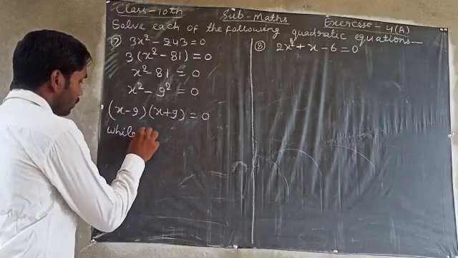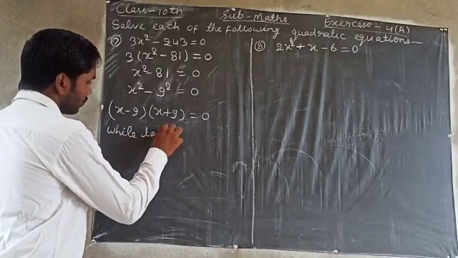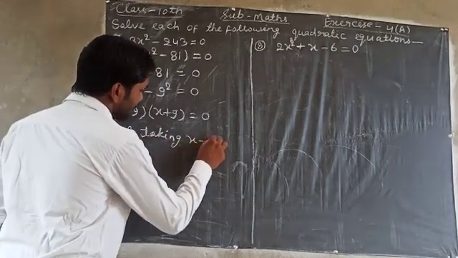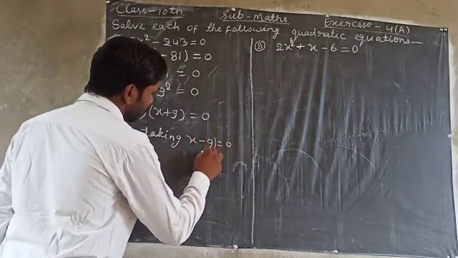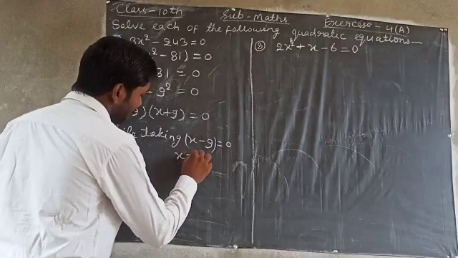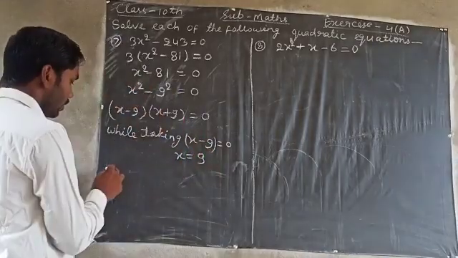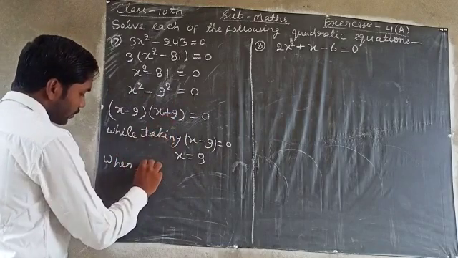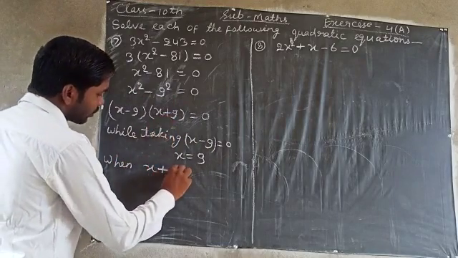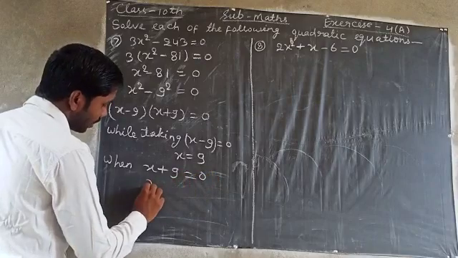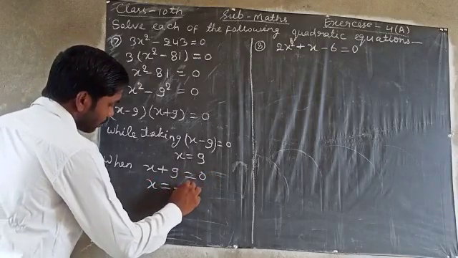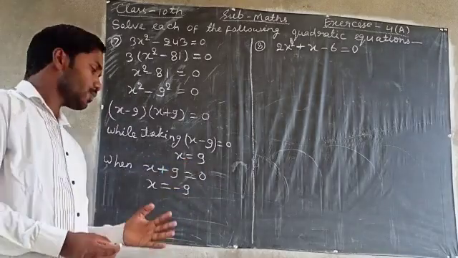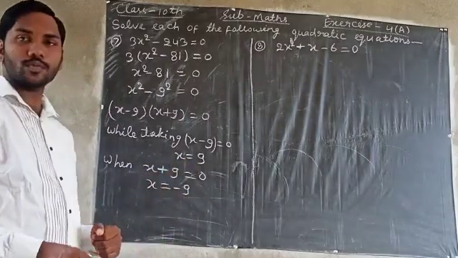Taking x minus 9 is equal to 0, from here we get x is equal to 9. And the second one, x plus 9 is equal to 0, it will be x is equal to minus 9, because when we transpose 9 to the other side, it will become minus 9.